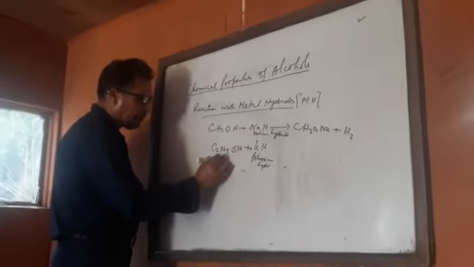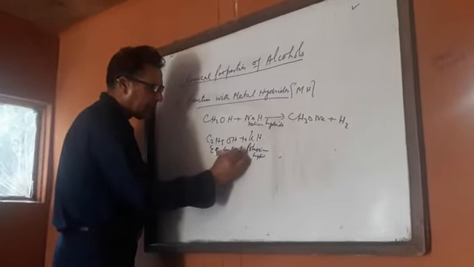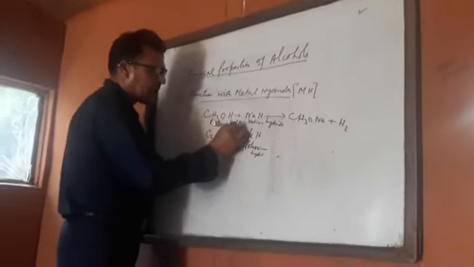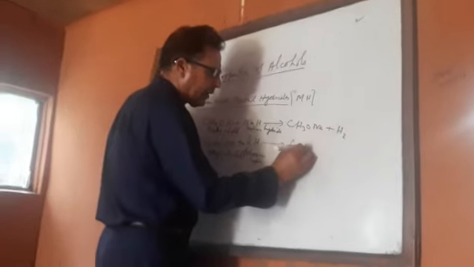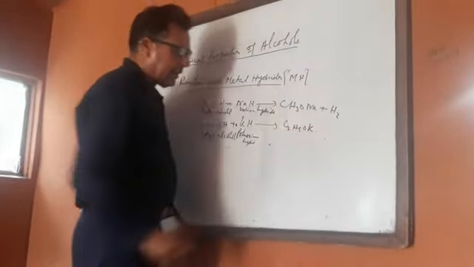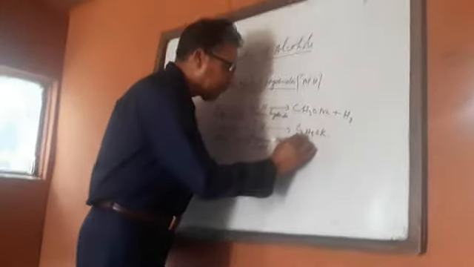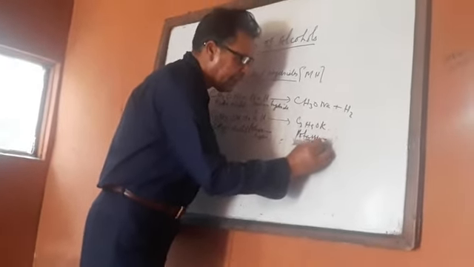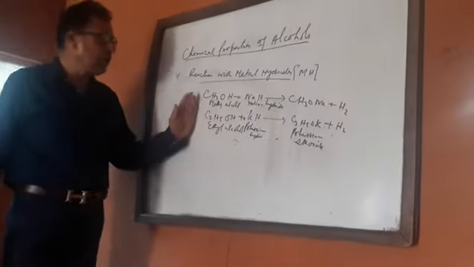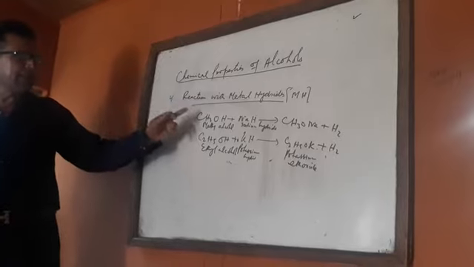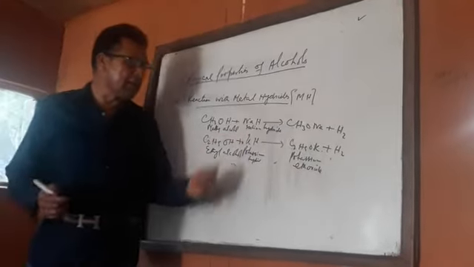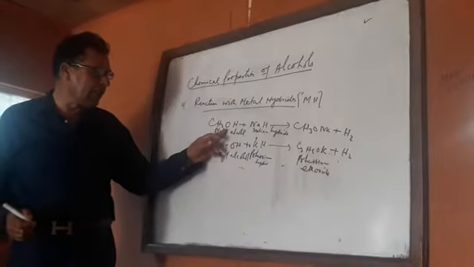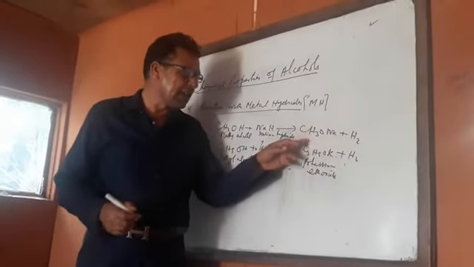So ethyl alcohol, and this is methyl alcohol. It will give C2H5OK, which we call potassium ethoxide, plus hydrogen is also liberated. Alcohol is reactive with the metal hydrides to form corresponding alkoxides with the liberation of hydrogen gas. Methyl alcohol plus sodium hydride gives sodium methoxide plus hydrogen.